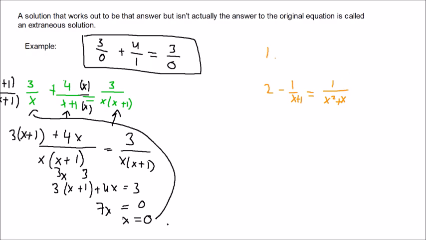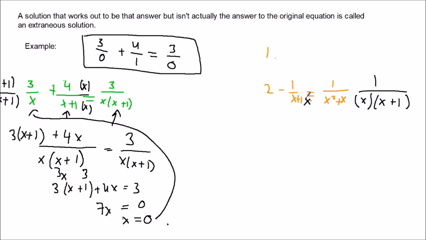So next we have 2 minus 1 over x plus 1 is equal to 1 over x squared plus x. x squared plus x can be factored into x and x plus 1, like this. Right? So now we have 1 over x times x plus 1. So we want all of them to have this x times x plus 1 denominator because it will be much easier to deal with.